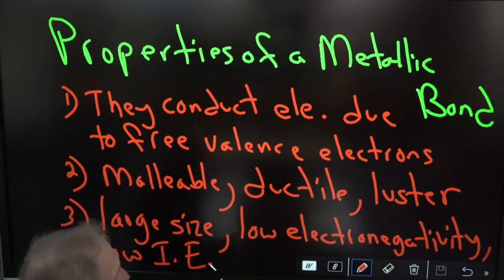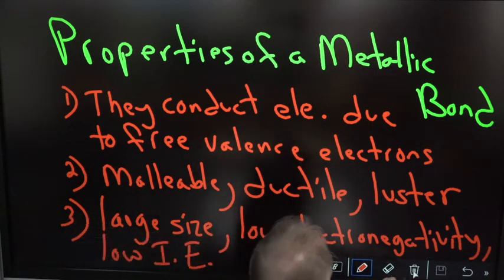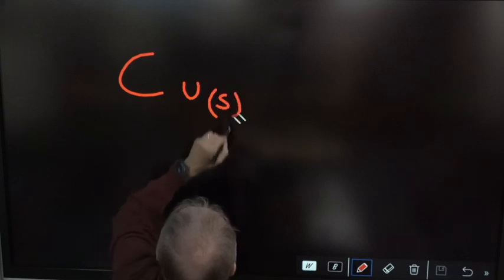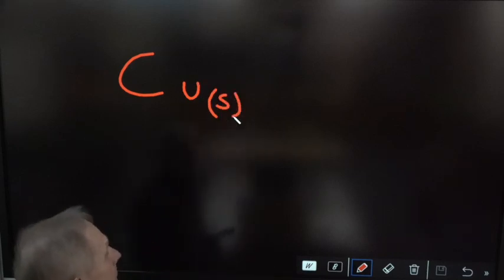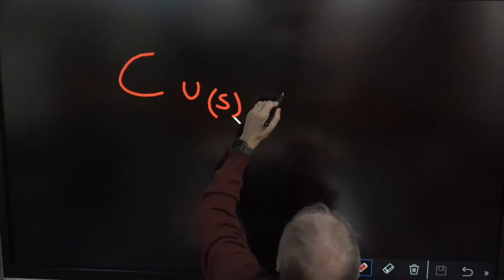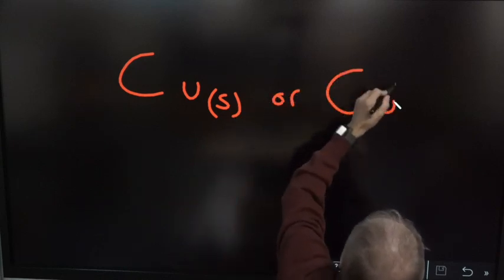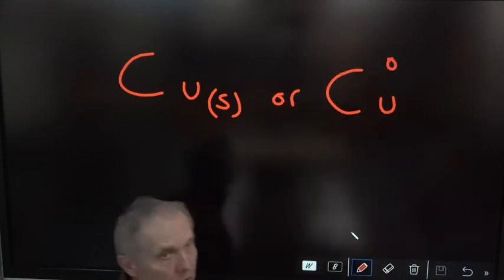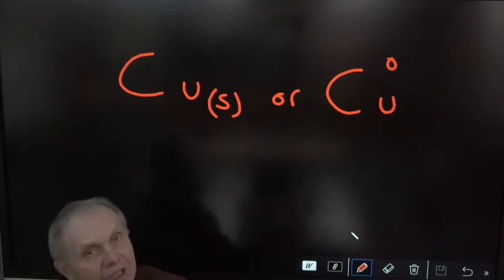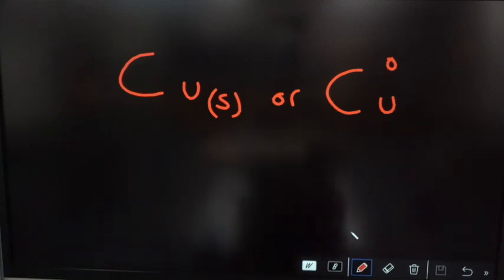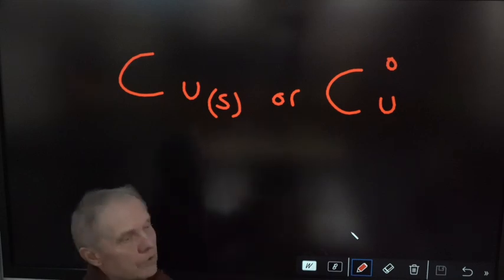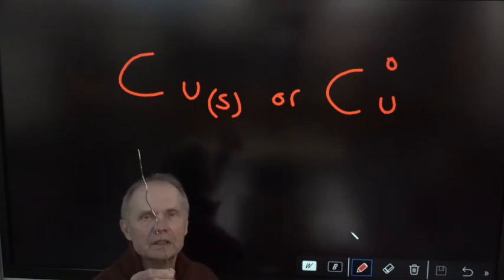Okay, so when you see this, Cu solid, or if you see this, Cu neutral, this means that they're solid metals. So, Cu solid or Cu neutral, this is what it looks like, right?